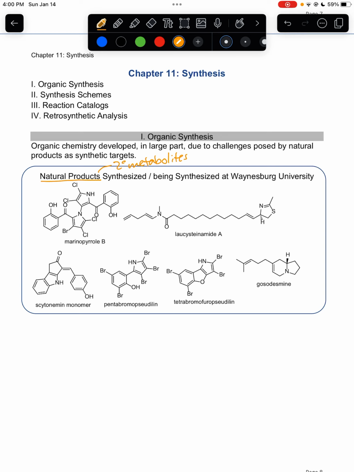After you're done with organic chemistry, many of you might go on to biochemistry. That's the study of primary metabolites, and those are defined as nucleic acids like DNA, RNA, and carbohydrates and lipids, and proteins. But anything else that organisms make is considered secondary metabolites.